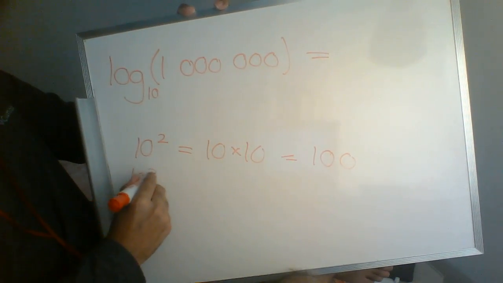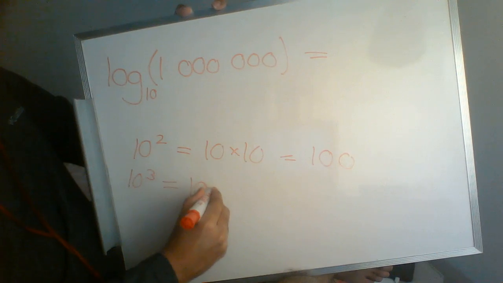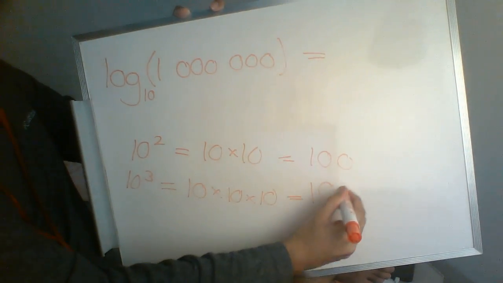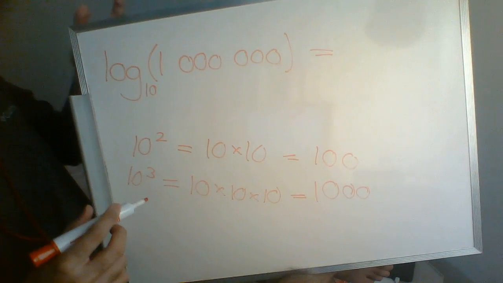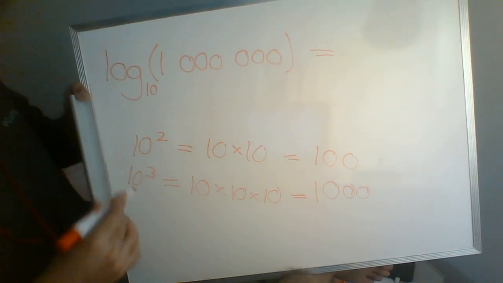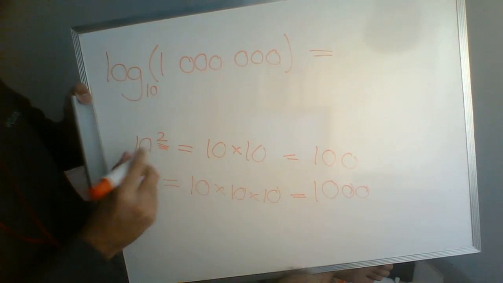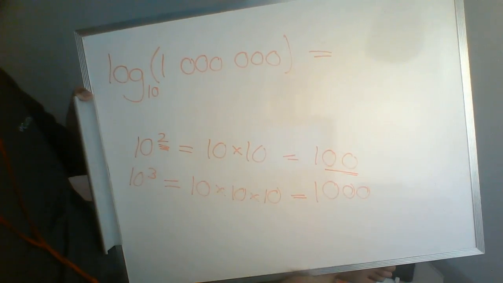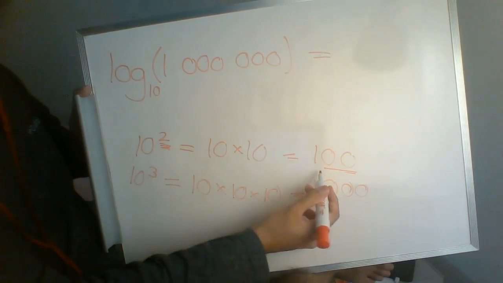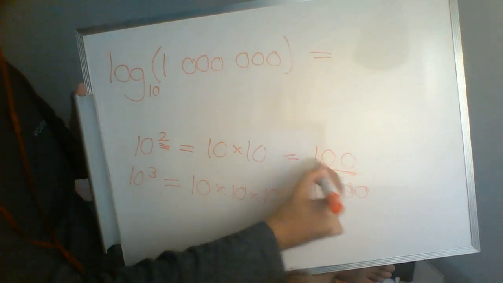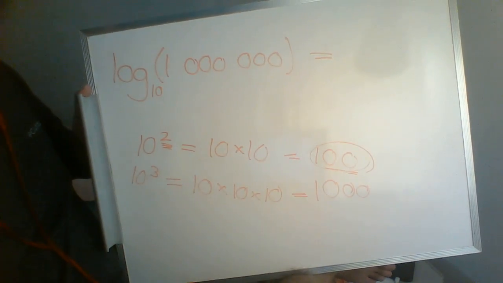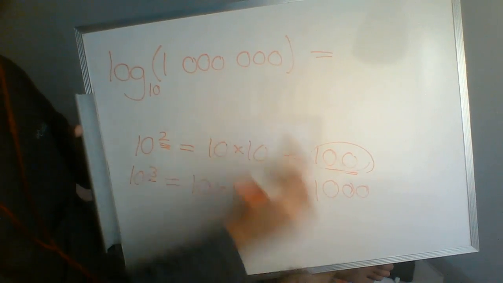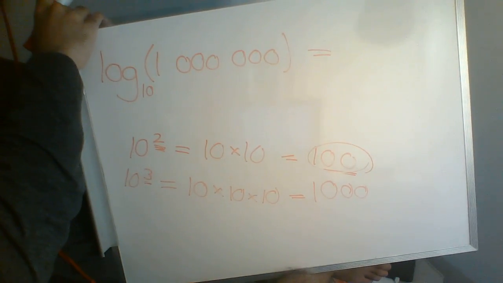If I had 10 cubed, that's going to equal 10 times 10 times 10, which is 1,000. So if you look at the pattern, you write out a few of these, you'll notice that the exponent here, 10 to the exponent whatever, is the same as the number of zeros in the final answer. 10 squared, so an exponent of 2, the answer is 100, which has 2 zeros in it. 10 cubed, that's an exponent of 3, your final answer is 1,000, which has 3 zeros in it.